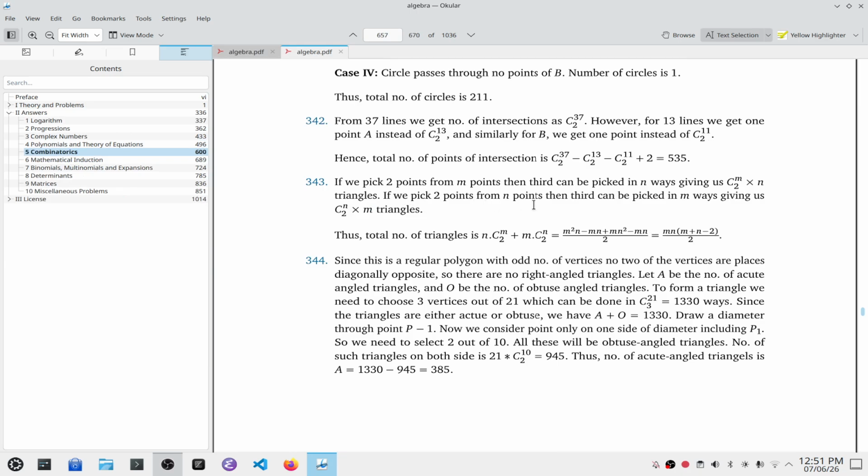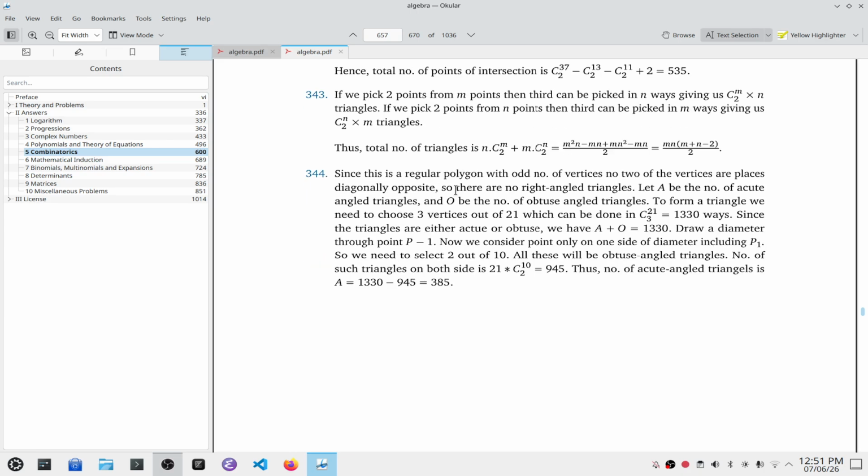If we pick 2 points from N, then the third can be picked in M ways, giving us NC2 multiplied by M triangles. So the total number of triangles is N times MC2 plus M times NC2, which is equal to MN times (M plus N minus 2) over 2.